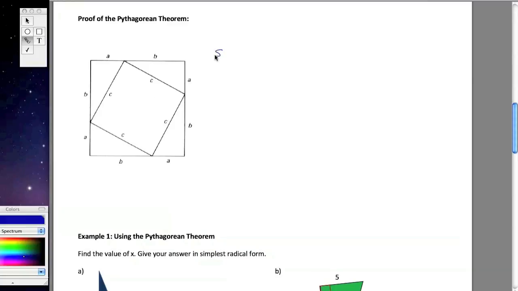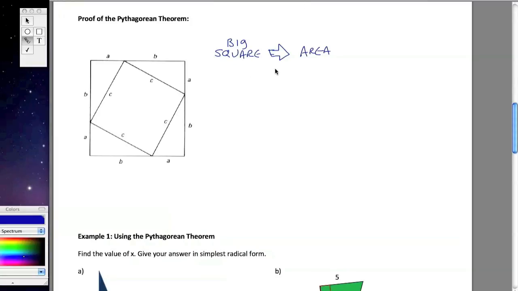We basically have a square, and we're going to be talking about the big square. Okay? And we are going to be looking at the area. When we look at the area of the big square, we're going to do a little bit of a proof that shows that the Pythagorean theorem is true.